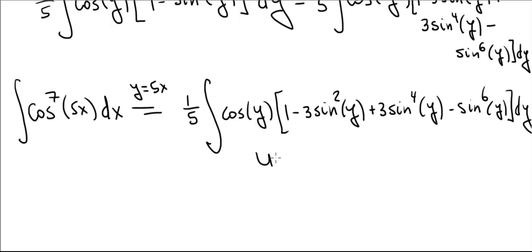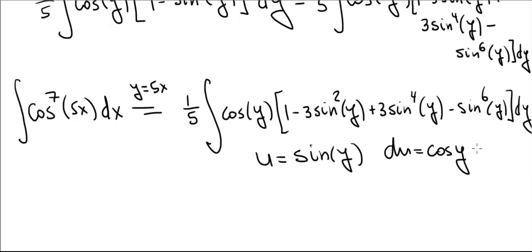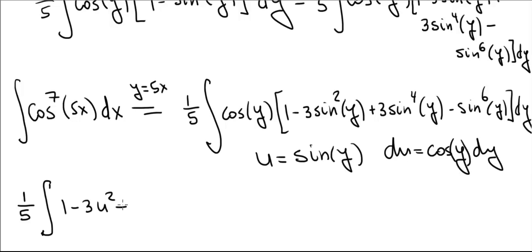Now let u equal sine of y. du is going to be cosine of y dy. And so our integral becomes 1/5 times the integral of cosine y dy, which is du, times 1 minus 3u squared plus 3u to the 4th minus u to the 6th, du.